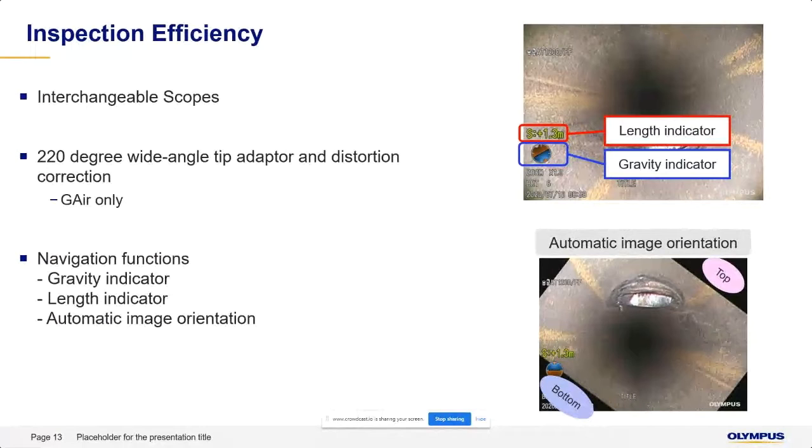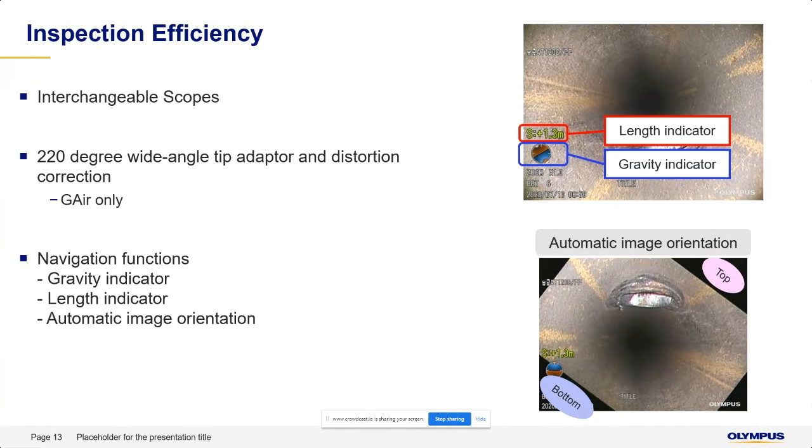Lastly, under inspection efficiency are some new navigation functions. These are all G-Air specific. So I will point out on the top right image, first the length indicator. Integrated, that is standard with the G-Air, you have this length indicator where as you pull the insertion tube out, you can see how much of the insertion tube has been put into whatever you're inspecting.